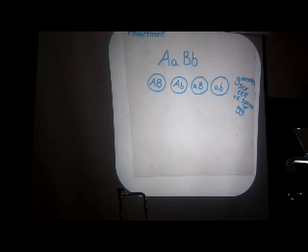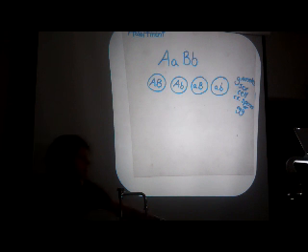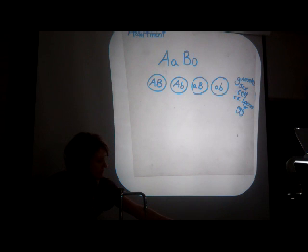In other words, I came up with all the possible combinations of gametes that this individual can make. Now, there's only 4 in this case because I'm only talking about 2 traits here. Keep in mind, humans, for example, have like 50 or 60,000 traits. That would be a lot of circles and a lot of different combinations.